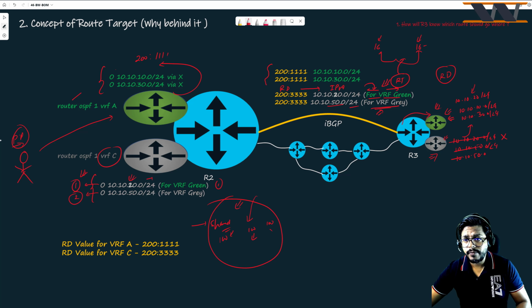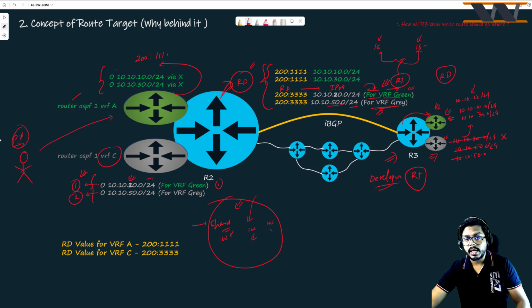So if we need another number, the developer says that we will take decisions at the destination, about which route should go where, on the basis of RT value, this little piece of information. And when we advertise routes, if we want to distinguish them, we are going to distinguish on the basis of RD.